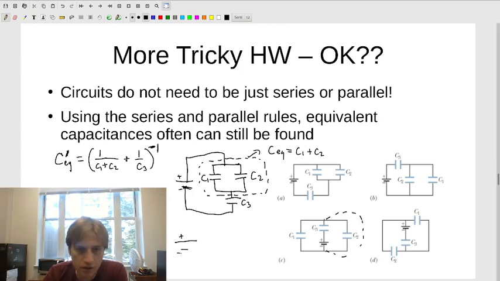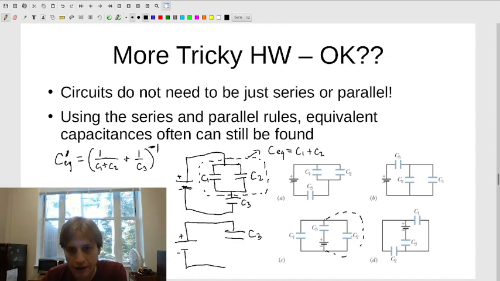Because it allows me to see that this looks a lot more similar to my first example than I may have realized at first. C3 is directly connected to the plus, and then C1 and C2 are both connected equally close to the minus. They're both connected just by wires to C3.